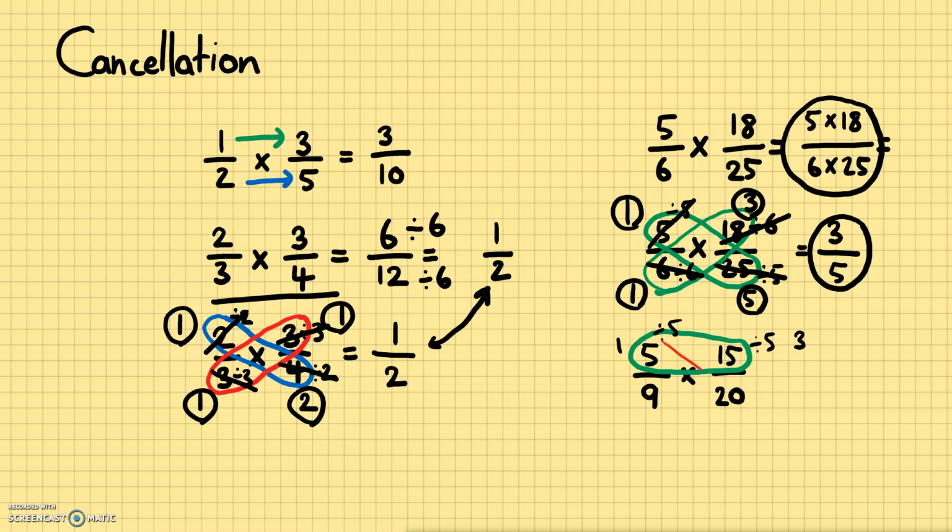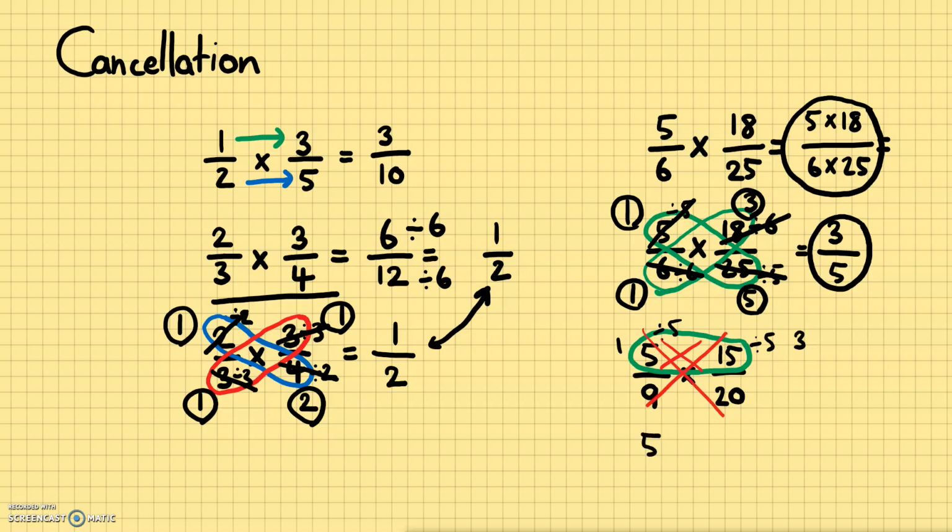So we can't cancel the numerator with the numerator. And the same thing with the denominators. We can't cancel the denominator with the denominator. We can only cancel the numbers that are on the diagonal side. So this doesn't work here like this.